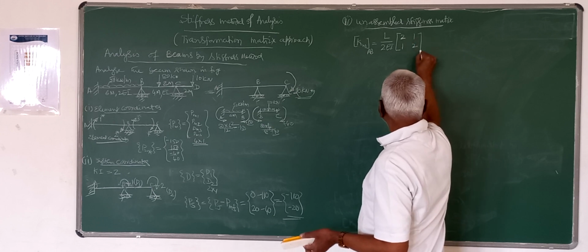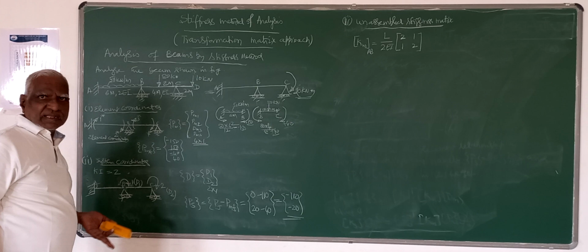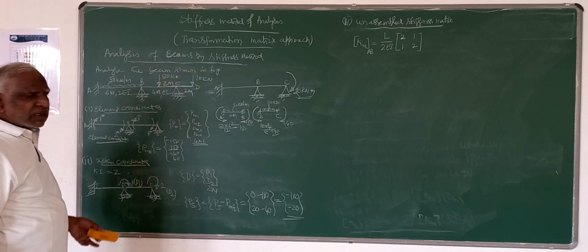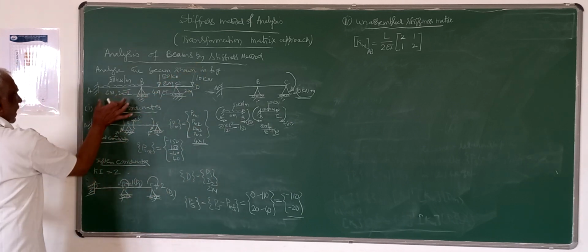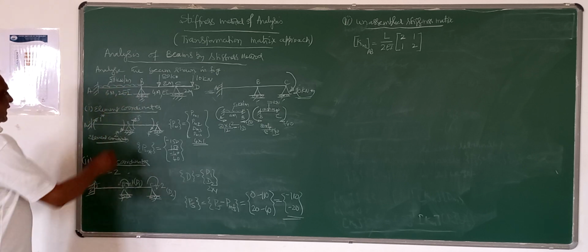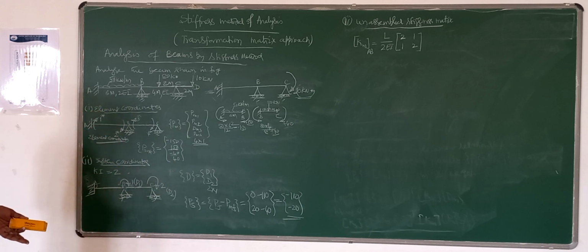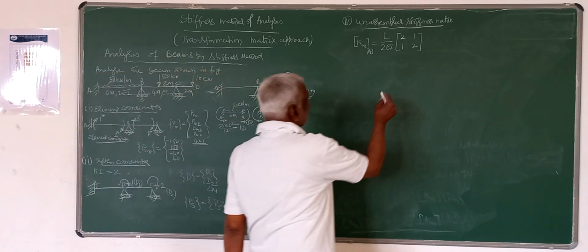This is the stiffness matrix which I just told previously, so I have to use it. So the element stiffness matrix of member AB is treating the moments at the ends as the unknown, independent forces. So that is the stiffness matrix you are going to get.